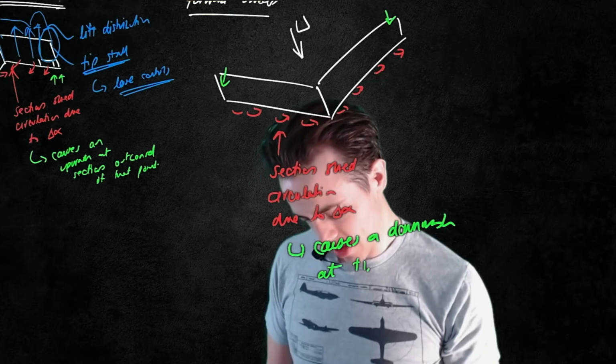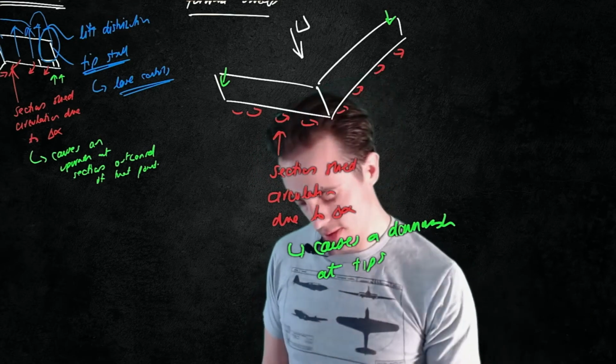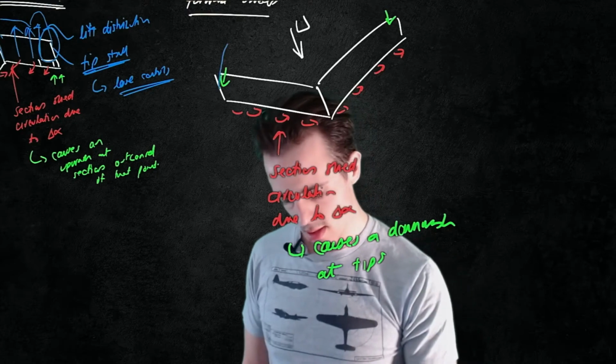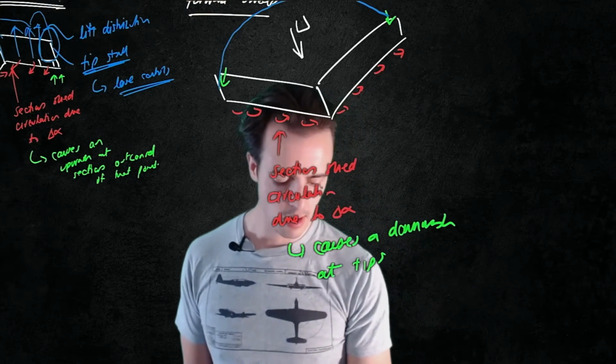And effectively we just see this as being a downwash at the tips, which means that our lift distribution is much closer to elliptical.